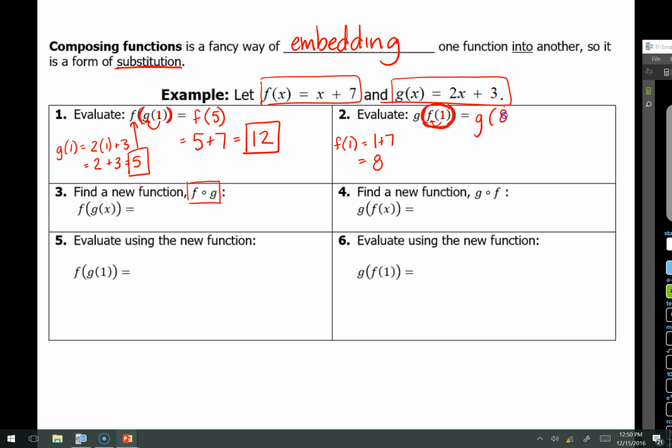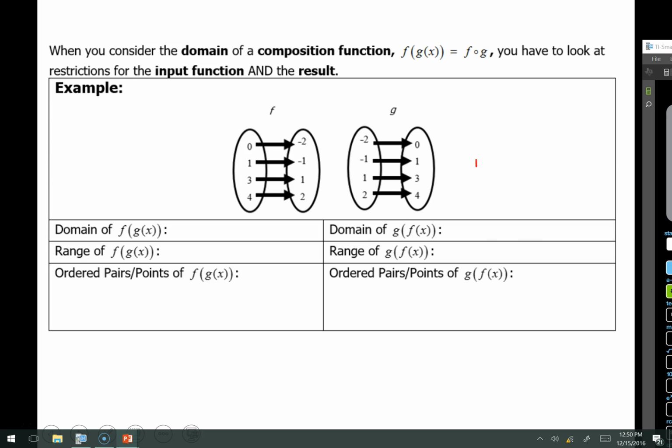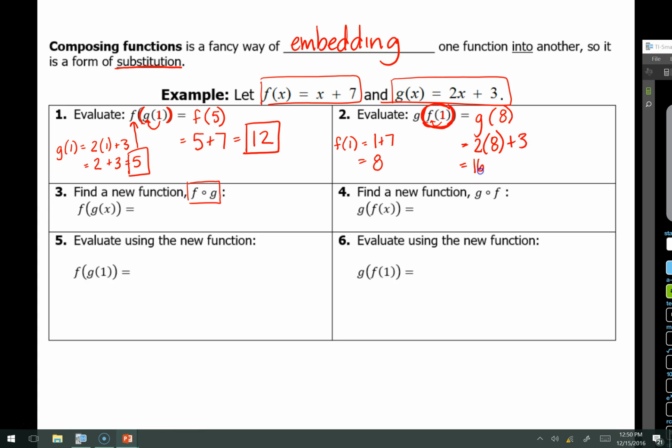So I'm going to plug it in there. And then I'm going to take that 8 and evaluate. So 2 times 8 plus 3. 2 times 8 is 16. 16 plus 3 is 19. So that's my evaluated composition.